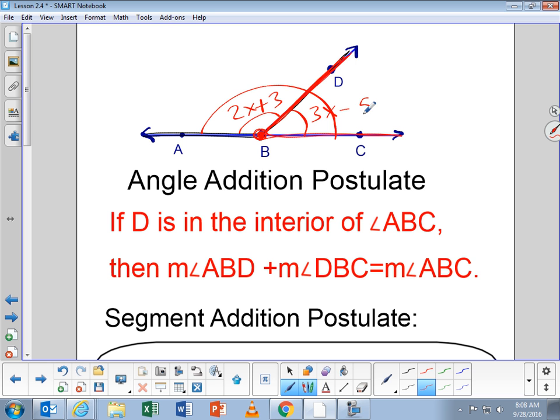Remember we said this angle's how big? 180, right? A line has a measure of 180. And so that angle is 180. So if we said 2x plus 3, I misspoke, plus 3, and 3x minus 5 is equal to 180. The reason I know that's true is the angle addition postulate.